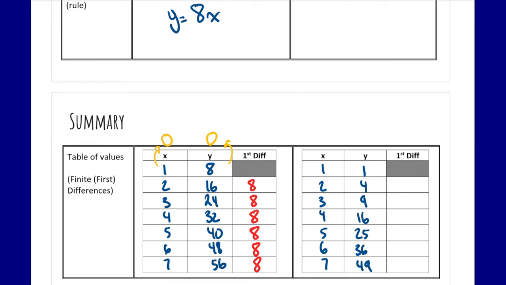If I look at my second one, the apple trees, from 1 to 4, I have a change of 3. From 4 to 9, I have a change of 5. Then a change of 7, then 9, then 11, and then 13. So I'm not changing by a consistent amount. Right? My first differences, another word for the change in y when we go up by 1, is not consistent.